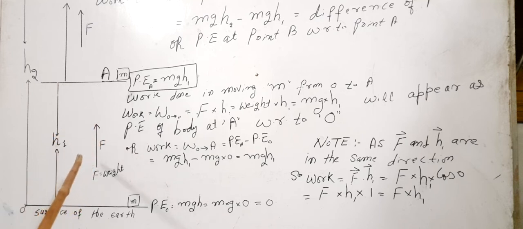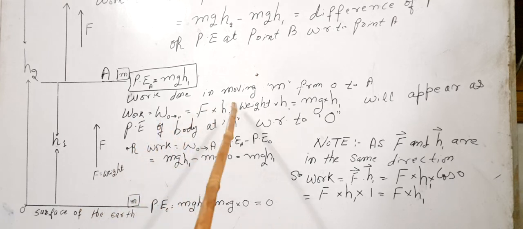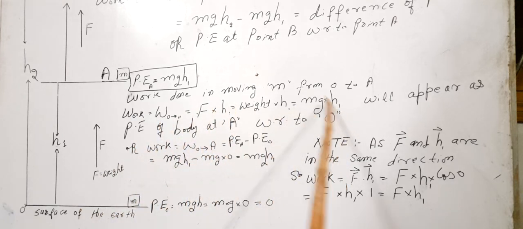But if the velocity is increasing, it means our work is converting into the potential energy as well as into the kinetic energy of the body. Therefore, the velocity of the body is kept constant. It means that our work will not increase the kinetic energy of the body, but only the potential energy of the body. So, the potential energy of the body at A with respect to O becomes mgh1.